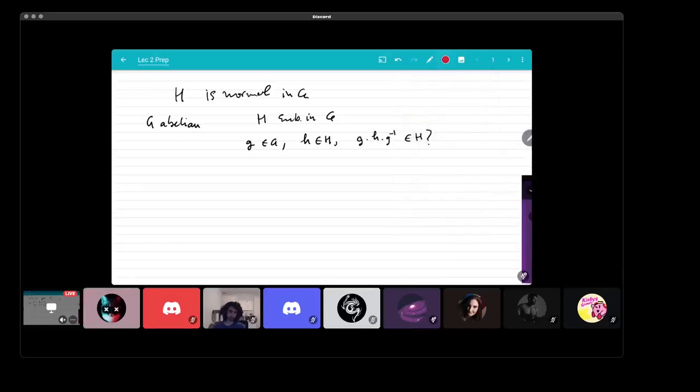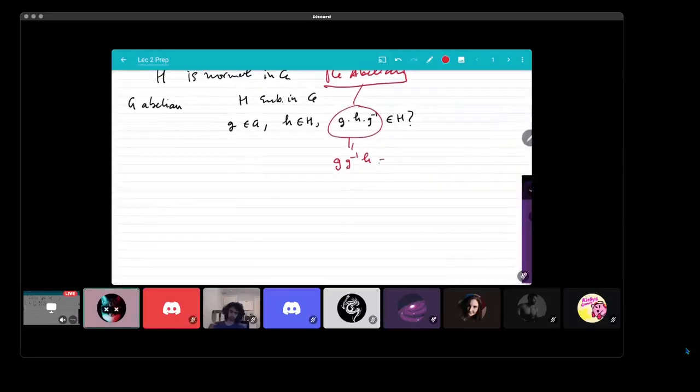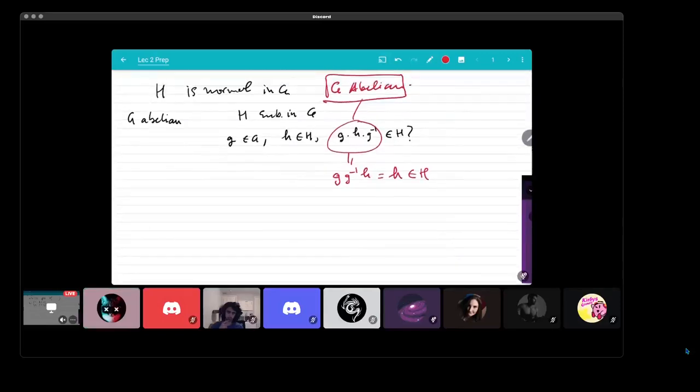If G is abelian, this is equal to h, since you can swap places however you want. So it is in H. So in an abelian group, this is a general property: any subgroup is normal.